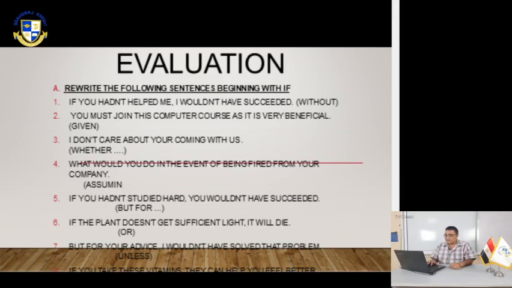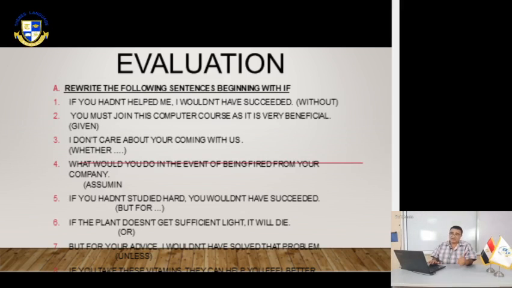Number 6, if the plant doesn't get sufficient light, enough light, it will die. So we say we need to use or. The plant must get sufficient light, or else it will die. Otherwise, it will die. Look at number 7, the last. But for your advice, I wouldn't have solved the problem.